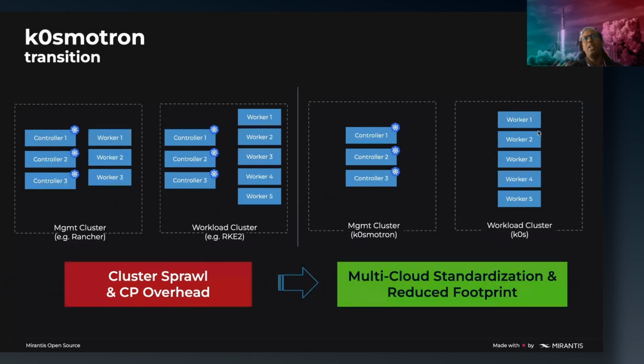You have a lot of advantage by doing that. The main advantage is licensing. If you're using a platform where you are paying a per node license, then you have, in this case, for only 2 clusters, reduced by 50% the number of control plane nodes, thus by 50% your licensing cost, right?